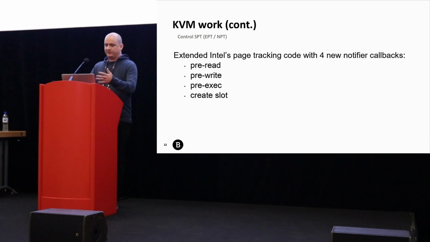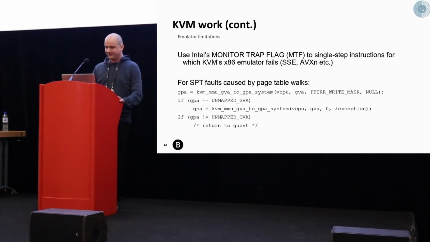And we extended it with 4 callbacks: pre-read, pre-write, pre-exit, create slot. The first 3 are for validation. Before an actual operation happens inside the guest, we validate it and have the ability to veto it. Create slot is simply for allowing us to keep a consistent view of the permissions the security application has set every time QEMU moves slots around.